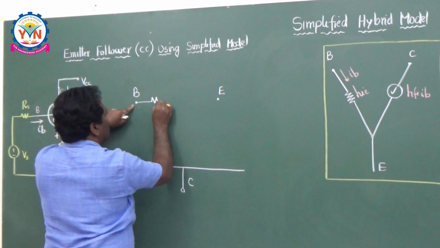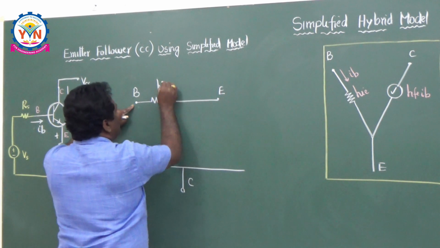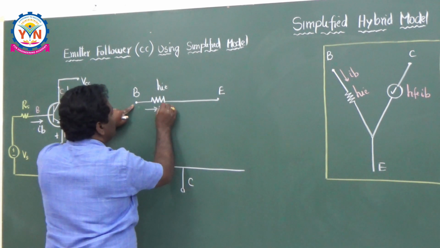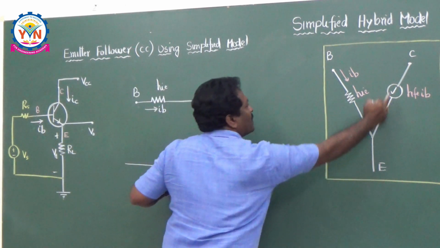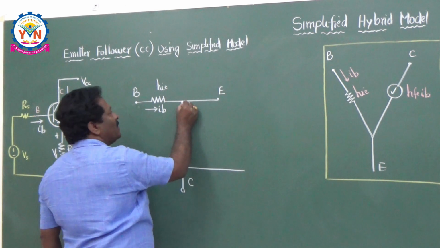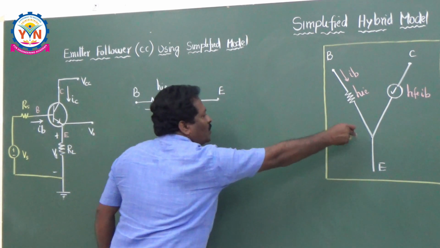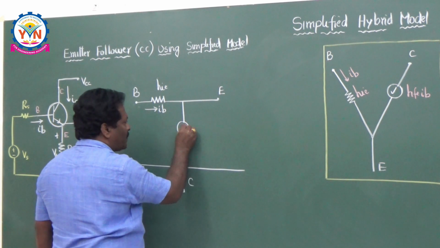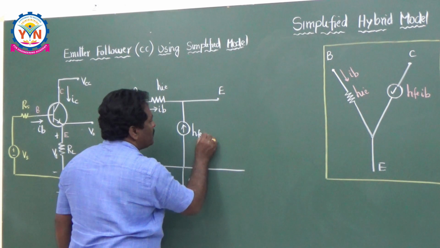So draw the circuit with HIE, and the current through this HIE is IB. Between the emitter and collector you are having a current source. The current source is pointing towards the emitter, so that's why it is an up arrow. This is HFE times IB.